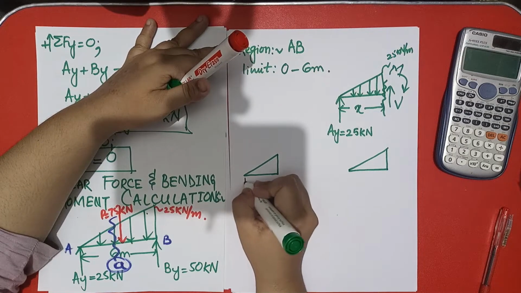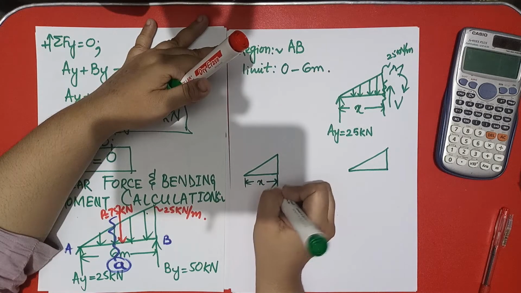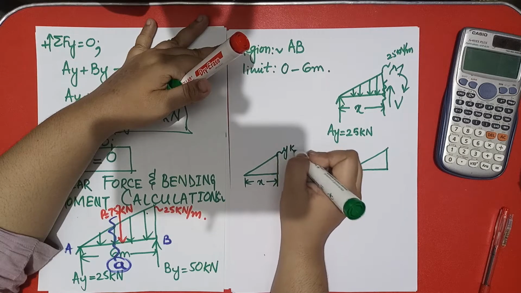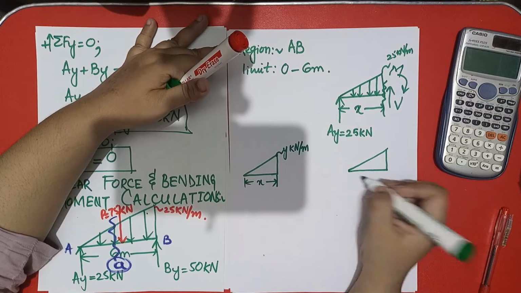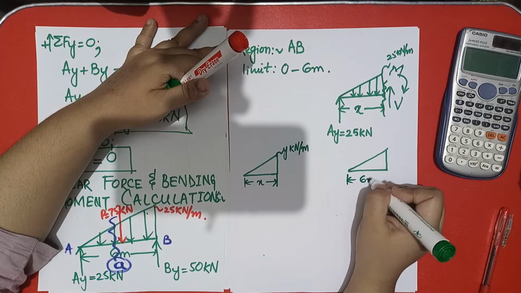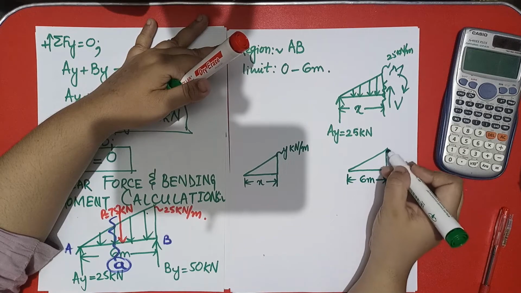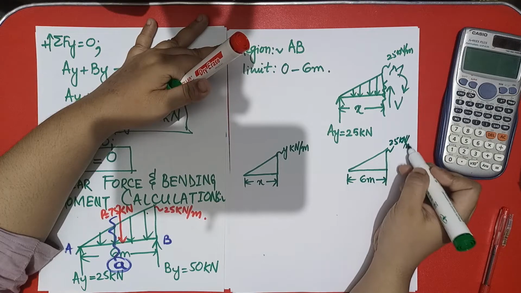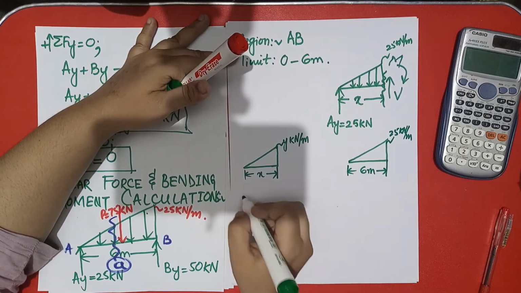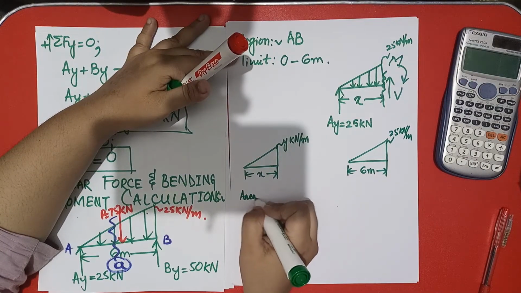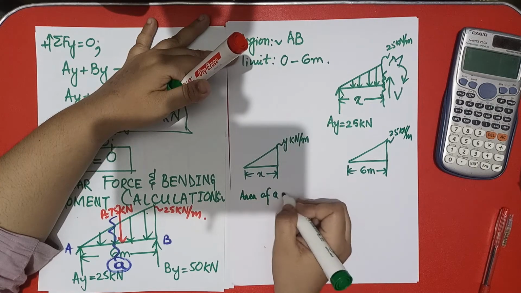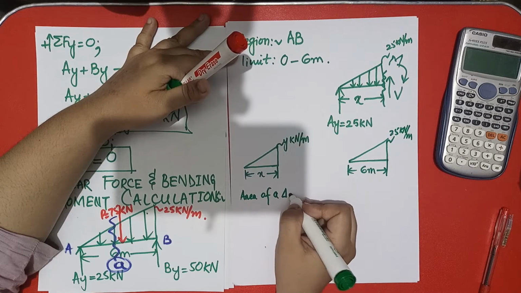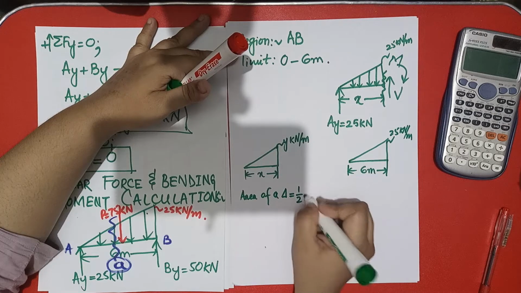So the base of this triangle is x, and this one is y kilonewton per meter, and the bigger triangle given in the question has base 6 and height 25 kilonewton per meter. So I am going to find the area of this triangle, which equals half of xy.